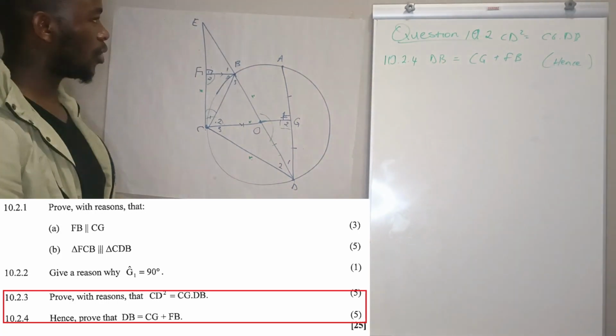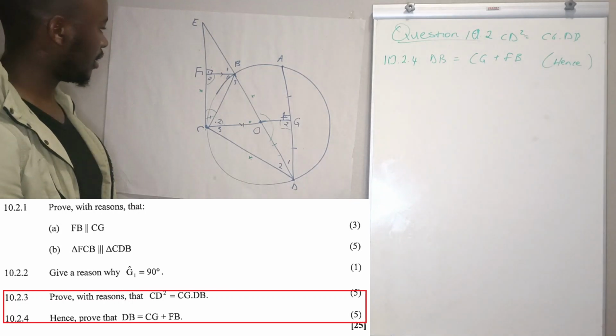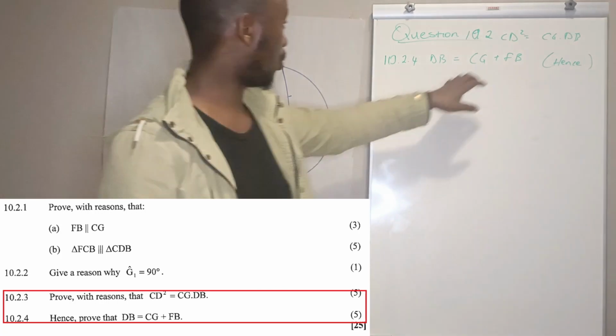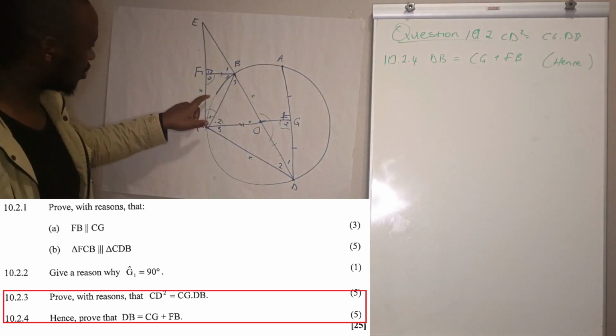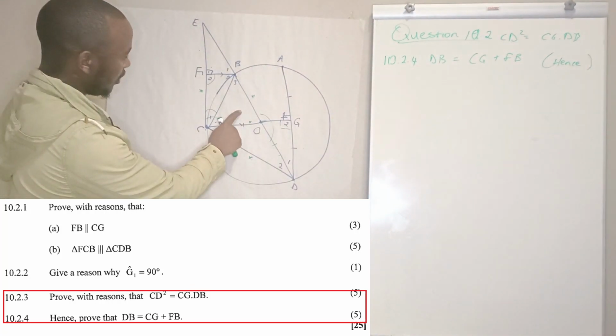Okay, so FB is on this side. It gets a little bit tricky now, but what they are saying is to try to use that as your basis. So you're dealing with three triangles now: this triangle, this one, and this one.